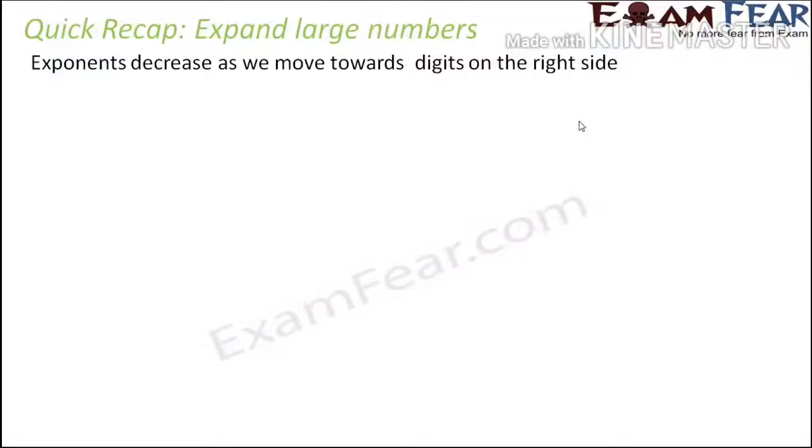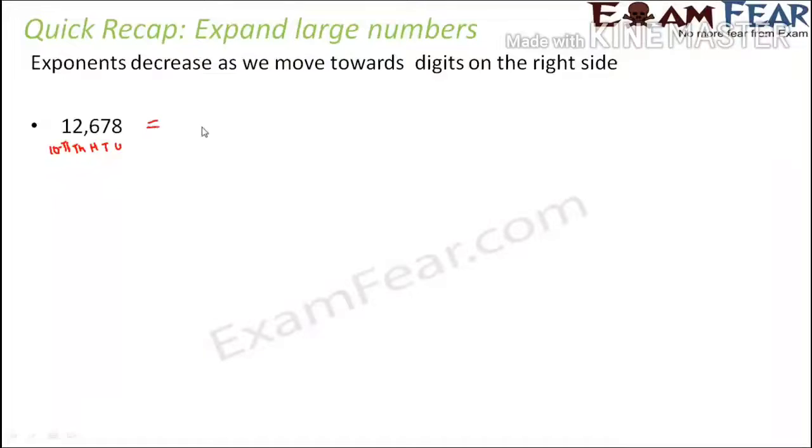So we have learned that the exponents decrease as we move towards the digits on the right hand side. Let us take examples of some numbers. Here we have 12,678. So 8 is at the units place, 7 is at the tens place, 6 at the hundreds place, 2 at the thousands place, and 1 at the 10,000s place.